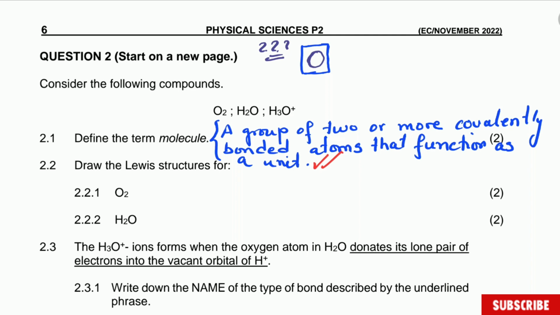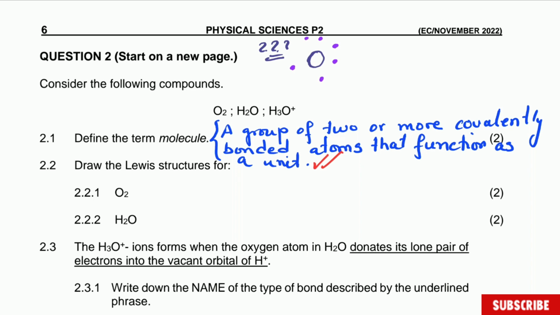So let's represent 6 electrons using dots: 1, 2, 3 and 4, and then we repeat, 5 and 6. There we go. That is the Lewis dot diagram for oxygen, but we do not keep that square line there, so we're taking it off.